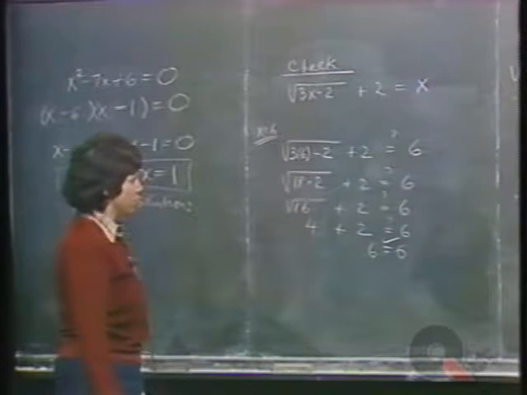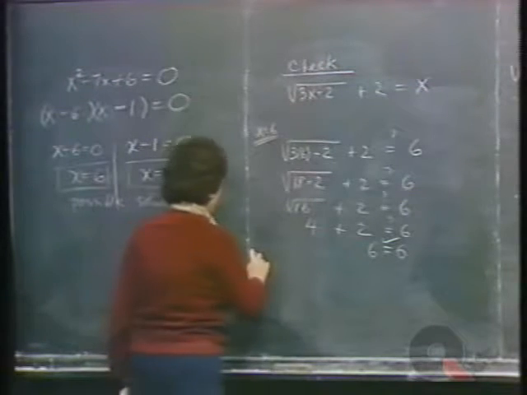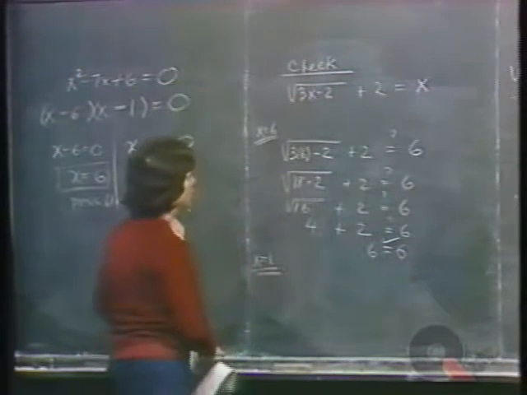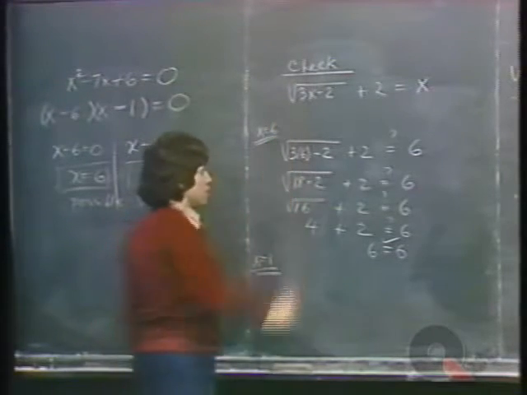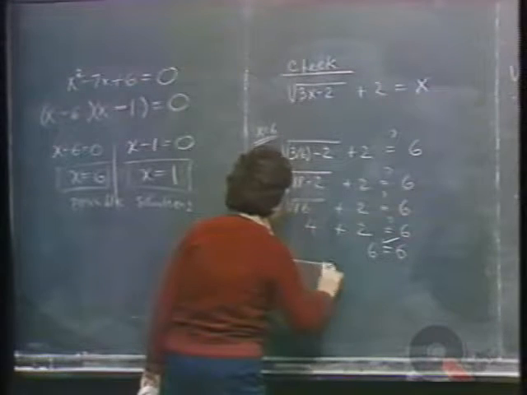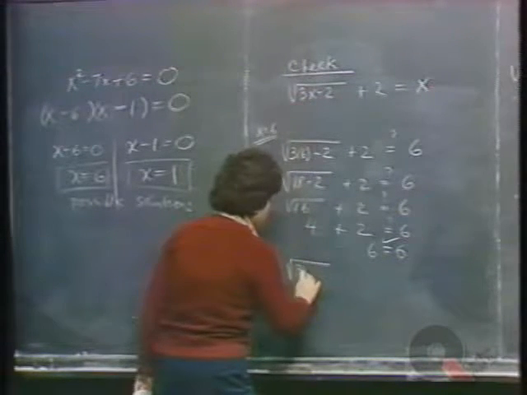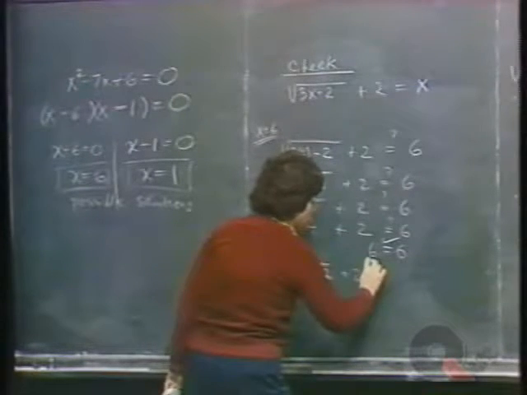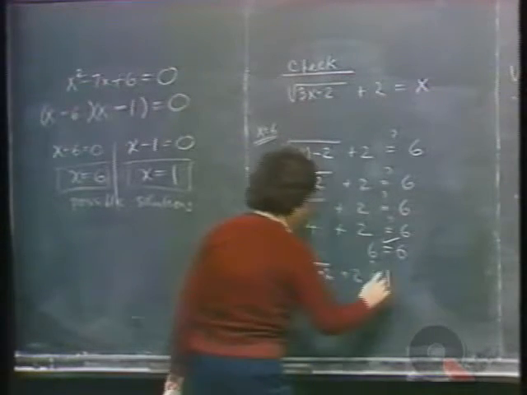Now let's look at x equals 1, the other possible solution. Going back to the original equation, this time substituting for x the value 1. We get the square root of 3 times 1 minus 2, plus 2, should be equal to 1.